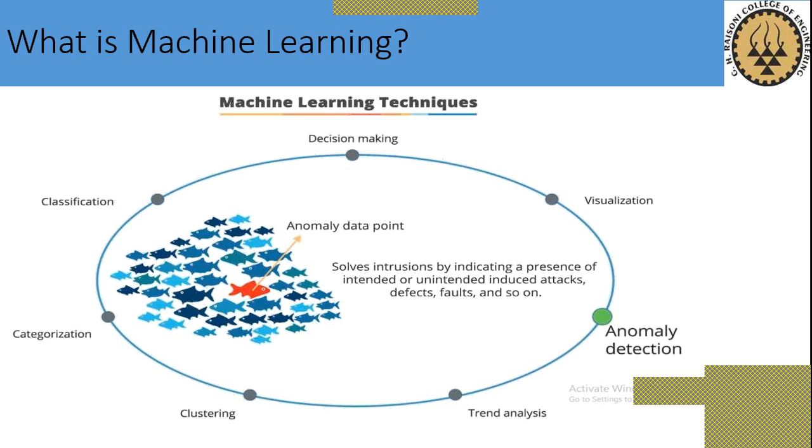But if an unauthorized person wants to use your network, they make a different pattern. Based on that pattern, we can find out that this person is attacking your network. And that is called anomaly detection.